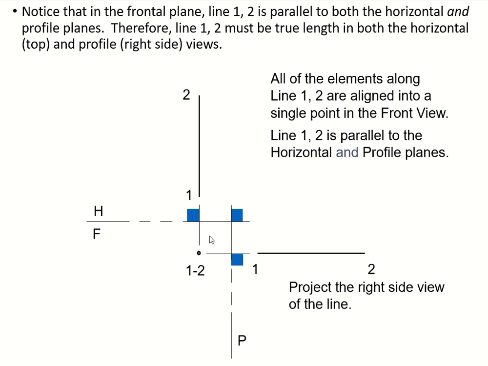So line 1, 2 on the right side view also has a true length, right? Because this is your profile, and this is your horizontal. Top is horizontal view. Your right side is your profile view. Don't forget that as well, please. So you transfer from here to here, project it the first time, project it again to the right side, okay?